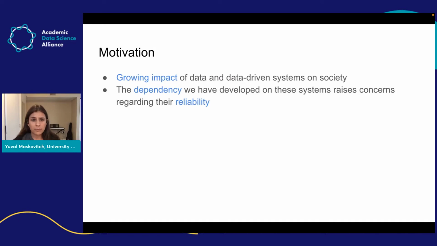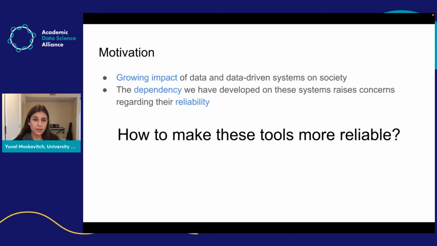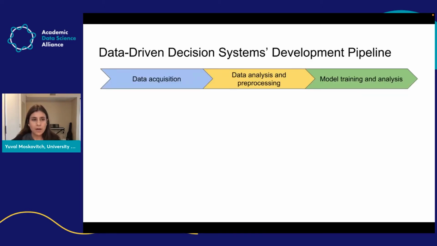The growing impact of those tools on society and the fact that we rely so much on them brings up questions regarding their reliability and in particular how we can make those tools more reliable. I'm going to present three methods for bias mitigation, whose goal is to increase the reliability of data-driven systems.